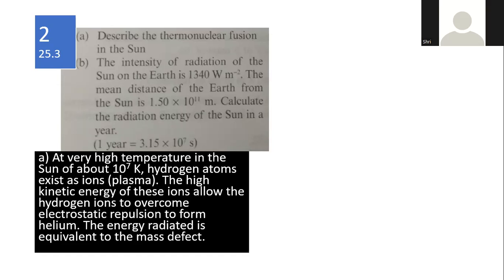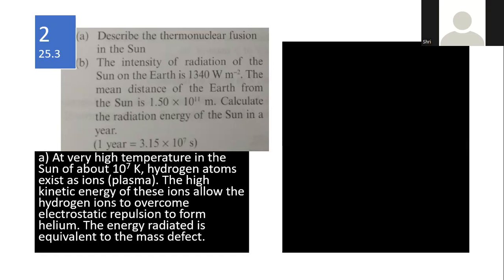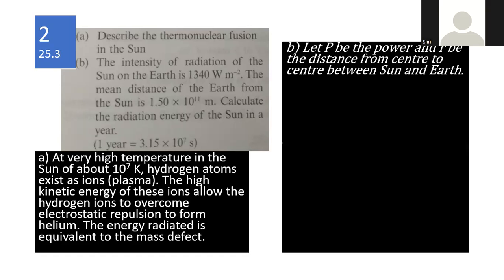Intensity formula. I equals P over 4 pi r square. Let P be the power and R the distance from the center of the sun to the center of the earth. So power divided by 4 pi r square, that's the definition, power divided by area.